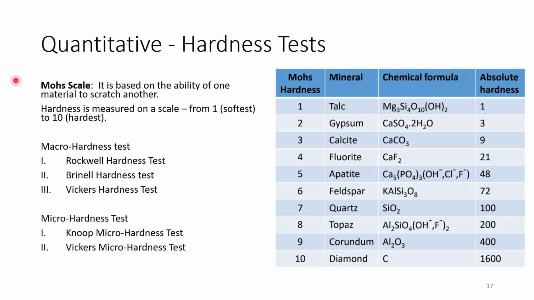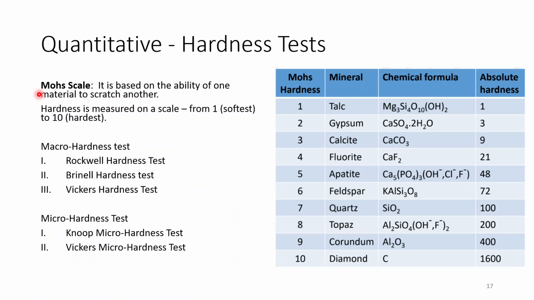Now one of the older methods to measure hardness is the Mohs scale. It is based on the ability of one material to scratch another, and hardness is measured on a scale from 1 to 10, 1 being the softest, 10 being the hardest.